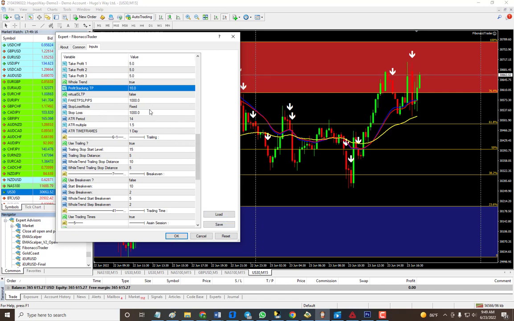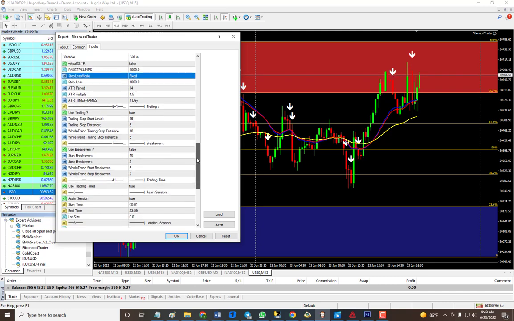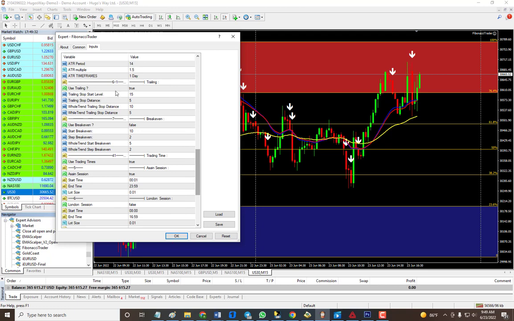And then you also have your stop loss, so you can put the stop loss, and you can also use ATR, which is a setting, so dynamically based on the movement of the market, it will place the stop loss for you. And then here is your trailing stop and break even.